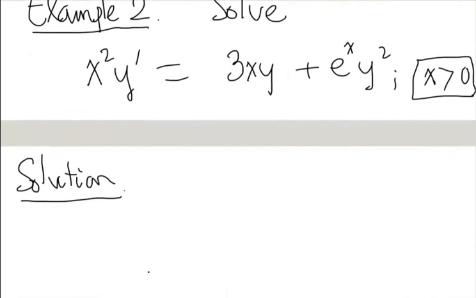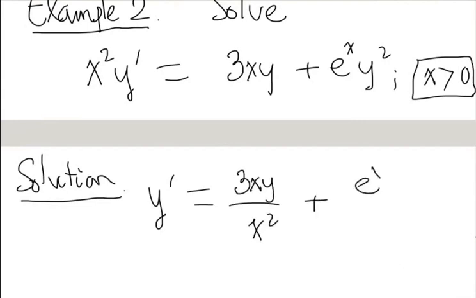So as usual, when solving a first order differential equation, we should divide both sides by the coefficient in front of y prime to make y prime by itself. So we divide through by x squared. We get 3xy divided by x squared plus e to the x y squared divided by x squared.